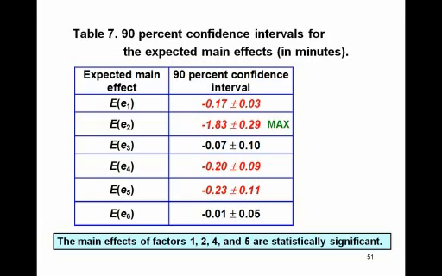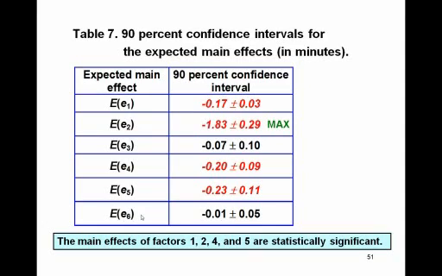And as predicted by Dave, the point estimate for the expected main effect of inspection times is minus 1.83. So if we reduce inspection times by 10%, on average, the average time in system ought to go down by 1.83 minutes. In fact, the main effect of inspection times dominates the 6 effects.